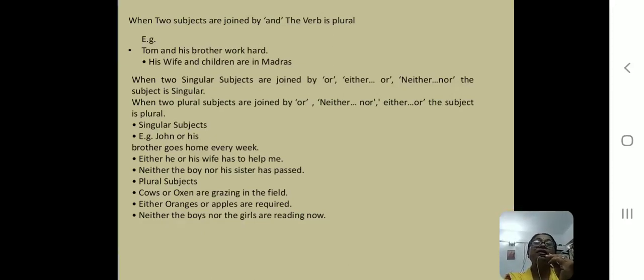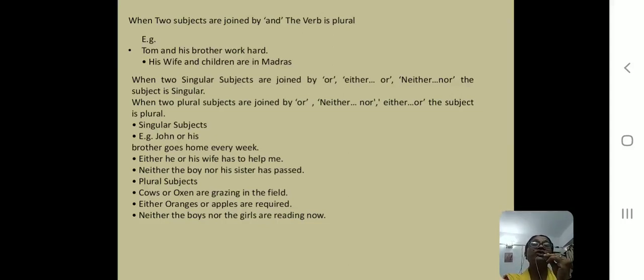For example, Tom and his brother work hard. Tom and his brother are two different subjects, and the verb which I have used here is plural, that is work. His wife and children are in Madras. Once again, are, a plural verb, is used with the subject his wife and children.